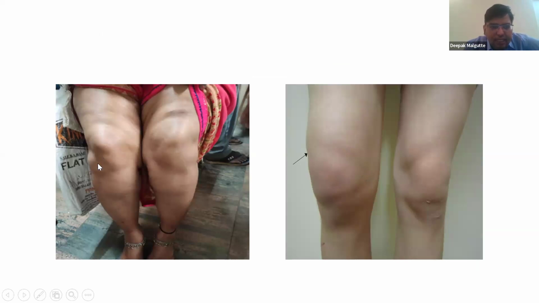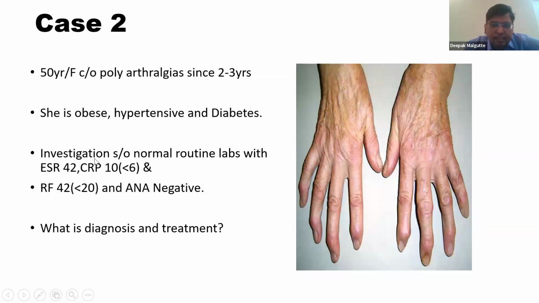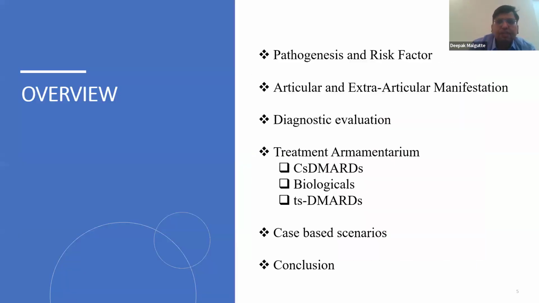And what she is describing as knee effusion is actually a fatty swelling. And what this illustrates is basically the bony swellings, which are Heberden's nodes and Bouchard's nodes. So basically, she has osteoarthritis of the knee, which gets falsely diagnosed as rheumatoid arthritis because the RA factor is elevated. That is how rheumatoid arthritis sometimes confuses us.